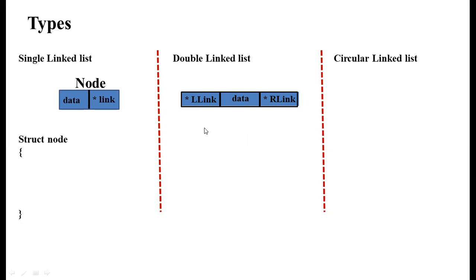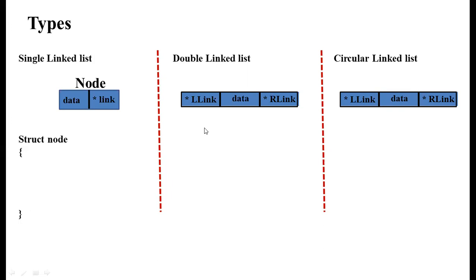Now coming to the circular linked list, this is also similar to your double linked list. The node will have three fields. In the middle you have the data field, towards the right you have the right link, and towards the left you have the left link, L link and R link. The variable names we use do not matter, we can use any name.